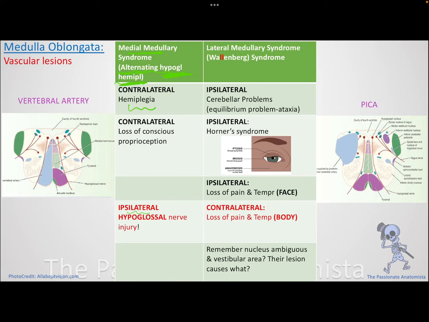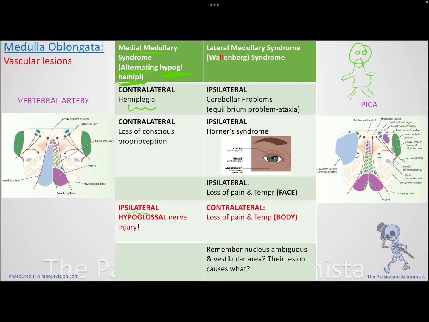If we are in the medulla, what is the most important cranial nerve? It's the hypoglossal. So if I have a patient with a tongue and a body, and I'm telling you I have a medial medullary syndrome, great, she told us we have a magic word. It's called alternating something hemiplegia. What does that mean?